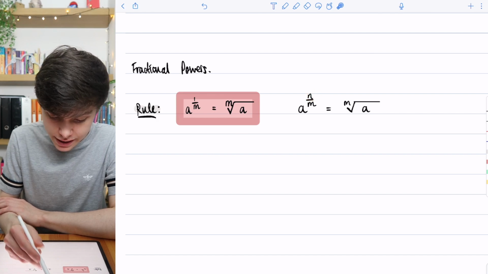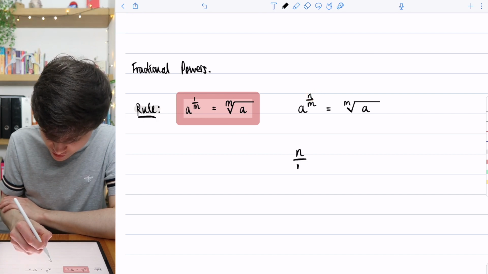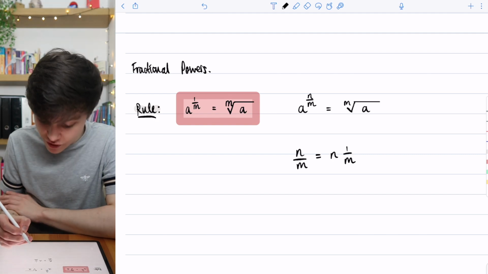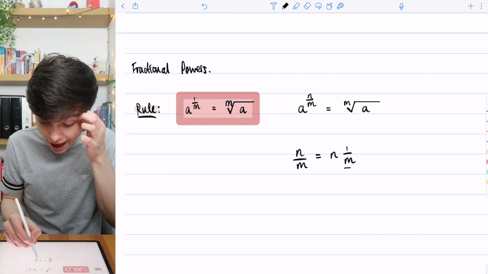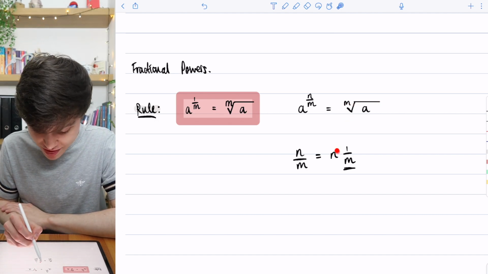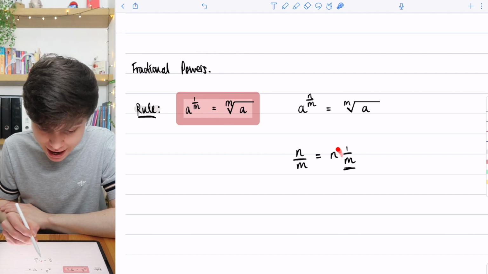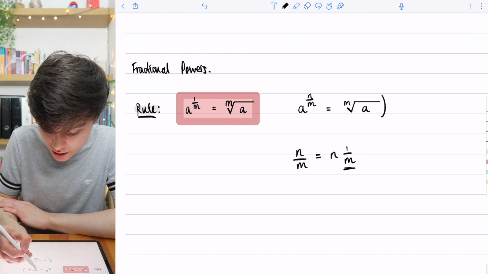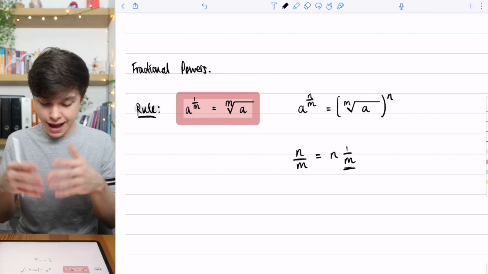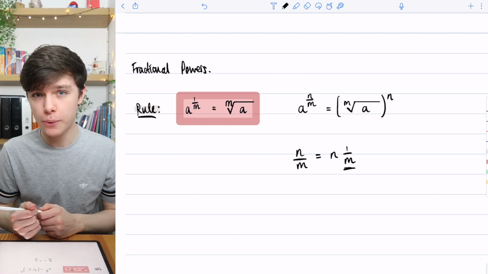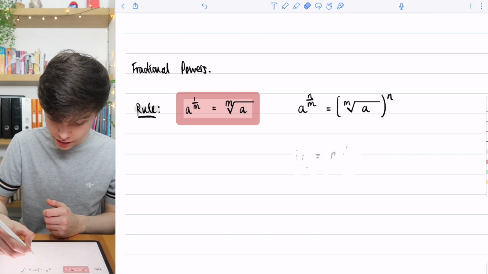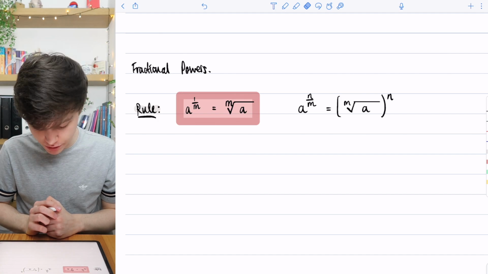Well, we can write n over m as n times 1 over m. The 1 over m bit is what gives us the mth root, and the n is still in the power. So all we do is then take that to the power of n. That's what we do with fractional powers.